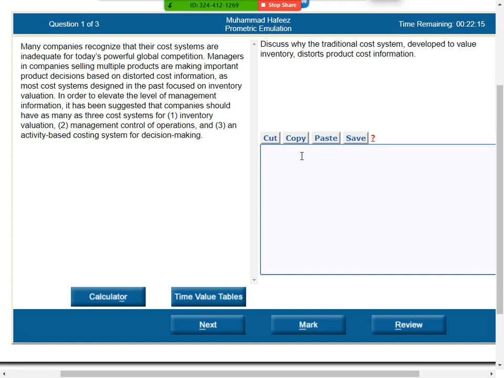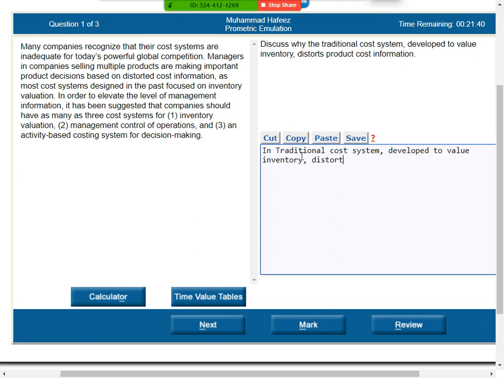So it means we can write down our responses to this question. It says that discuss why the traditional cost system developed to value inventory distorts product cost information. We'll write: traditional cost system developed to value inventory distorts.